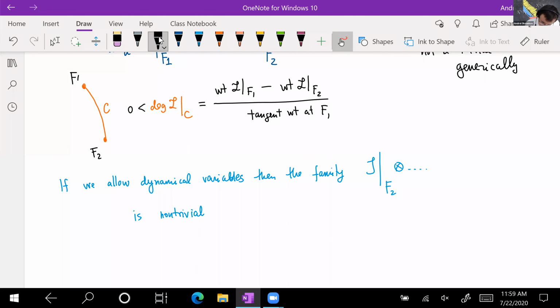This is like a map to the dual abelian variety, to pick 0 of my elliptic cohomology point. So this means this is non-constant.